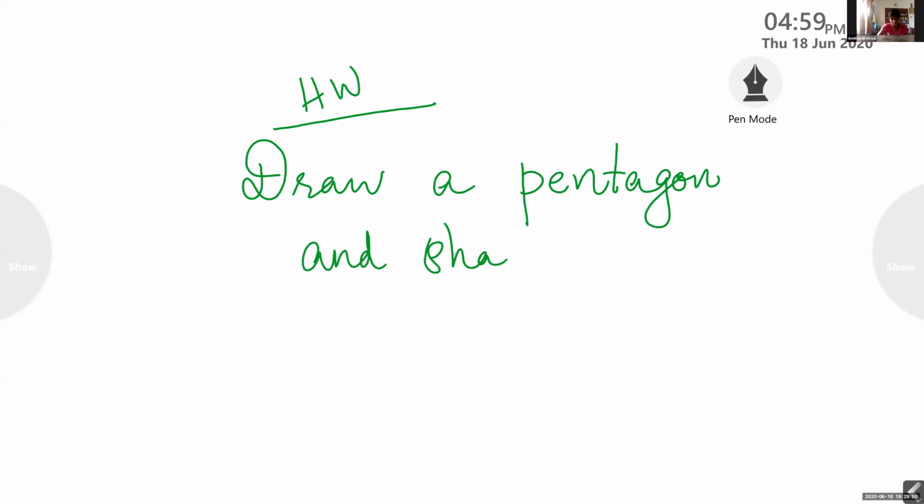Shade its interior. Draw a pentagon neatly with scale and pencil and shade its interior. Ma'am, in the notes? In the notes. Okay.